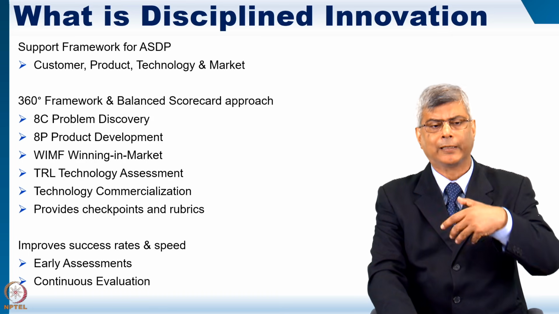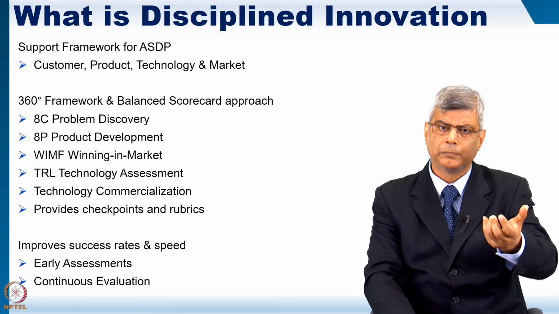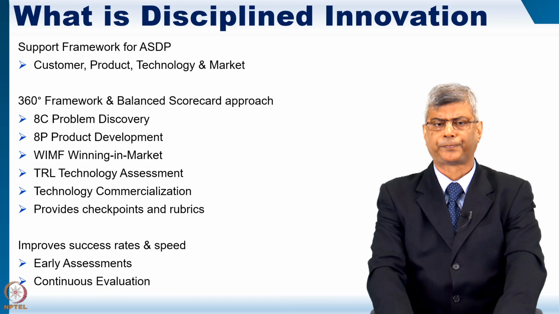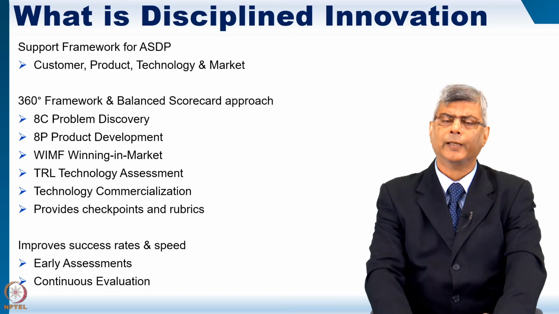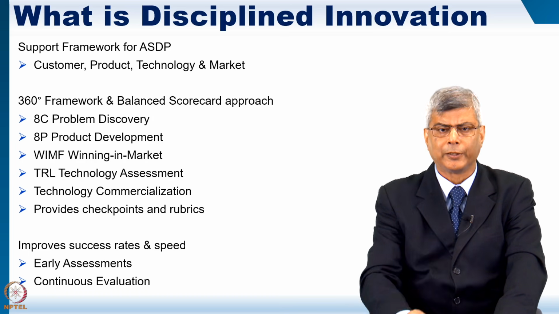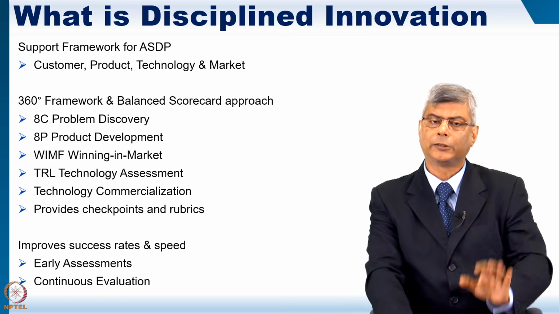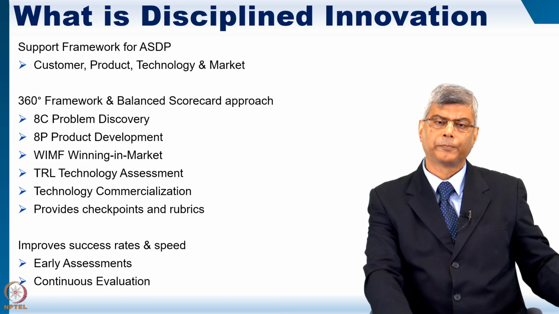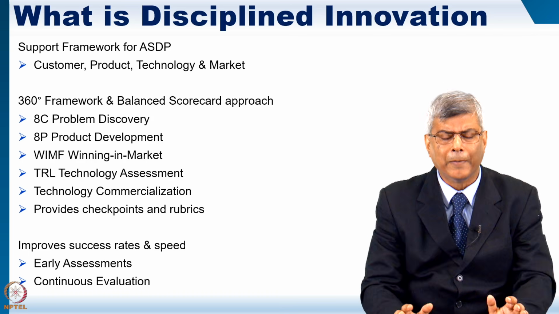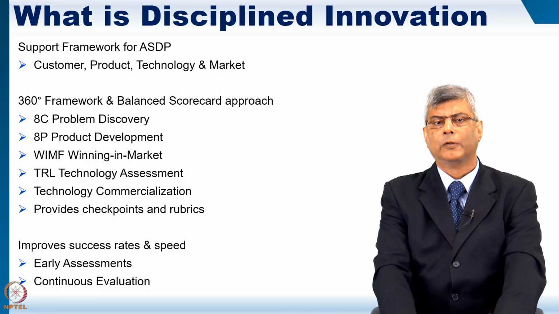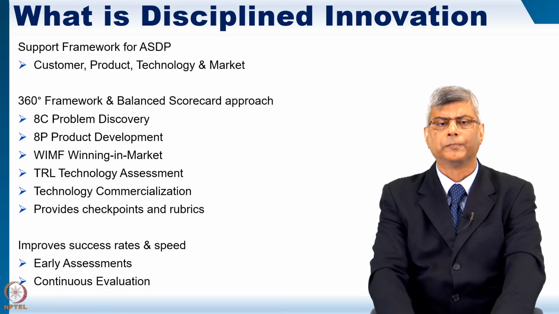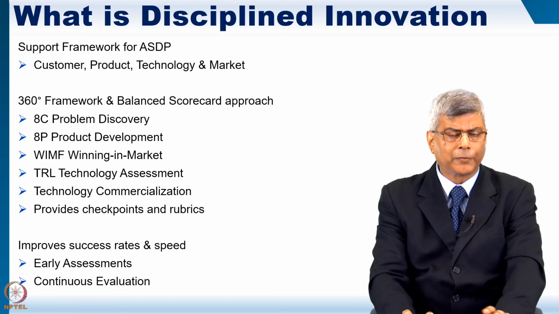The first framework is the problem discovery framework. In a very structured way, finding the problem that you want to solve. I call it the 8C problem discovery framework. Once you've got your problem and a value proposition, how to develop your product, not just in the lab stage, all the way up to designing for manufacturing, designing for supply chain ease or optimizing supply chain costs, or making sure that you've got a supply base right.